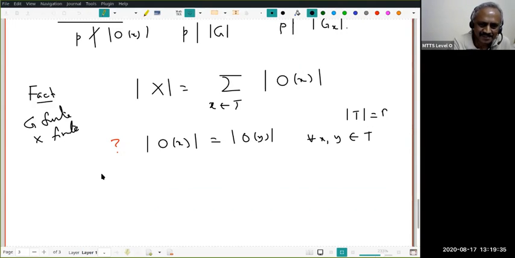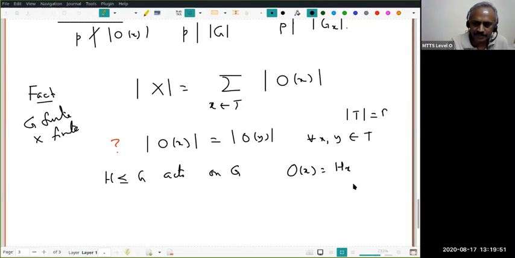Yes, when we let H, a subgroup of G, act on G, each of the orbits, the orbit of X, is Hx, a right coset.